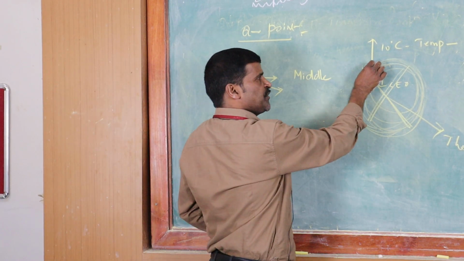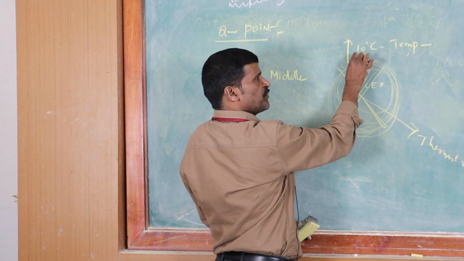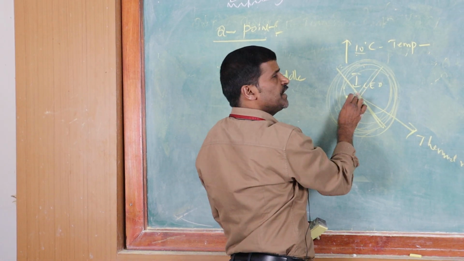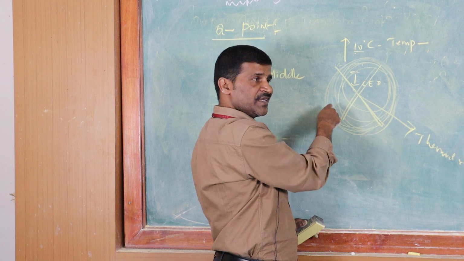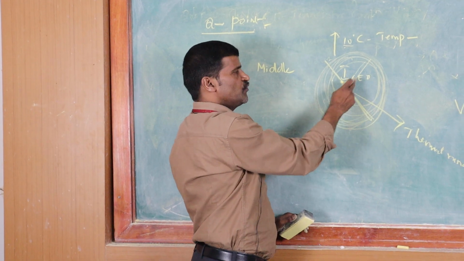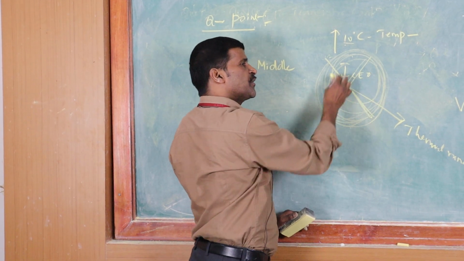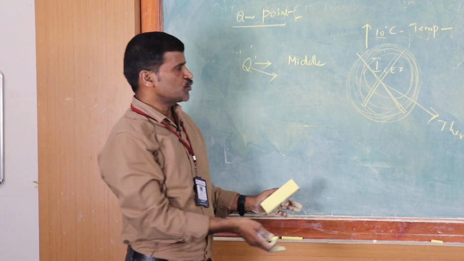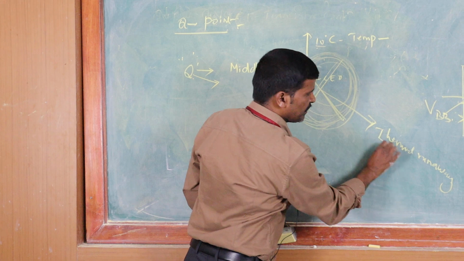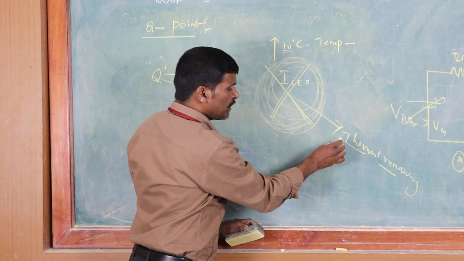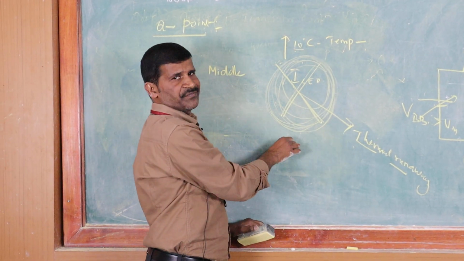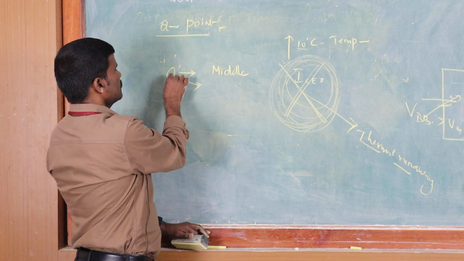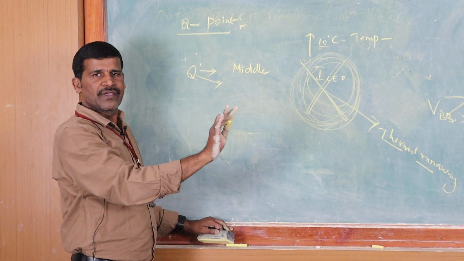Thermal runaway means that for every rise of 10 degrees in temperature, the reverse leakage current in the diode, IS, or in the transistor, IC0, becomes double. The doubling becomes cumulative, and this cumulative process leads to destruction of the transistor. Hence this process is called thermal runaway. In order to avoid the thermal runaway condition, the Q point has to be set properly, in the middle.